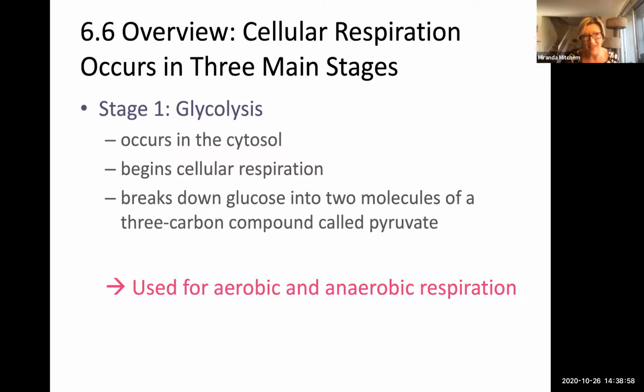It doesn't mean that it's not there. It could be present in the environment, but when we're talking about an anaerobic stage of glycolysis, it just means that there's not oxygen being used in those specific chemical reactions. There's a difference between oxygen being used versus oxygen being present in the environment.